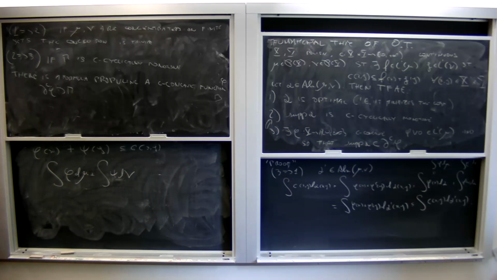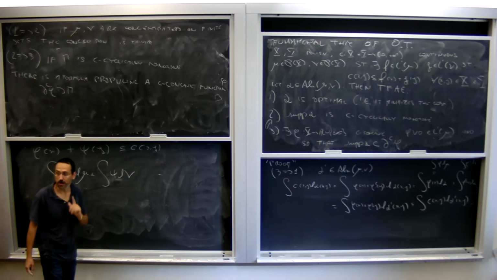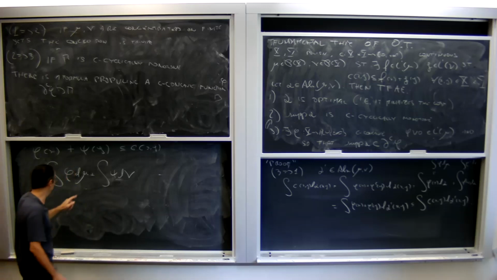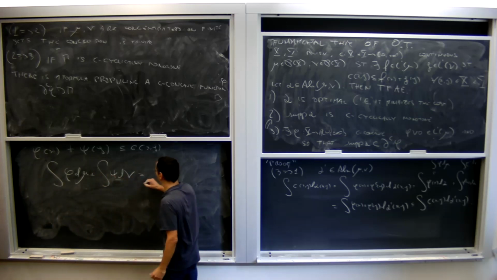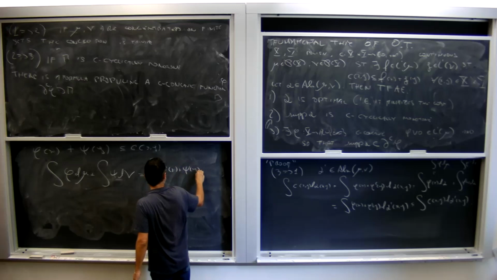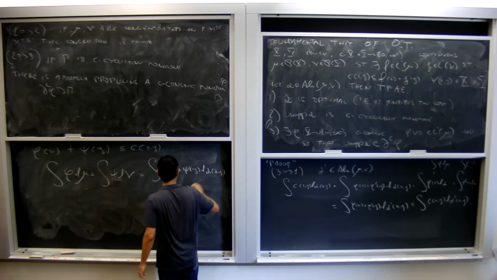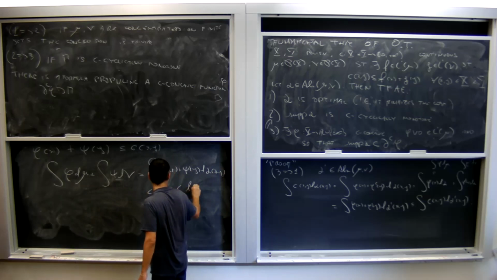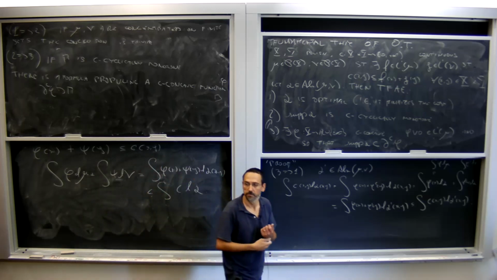And it is obvious that my total revenue is for sure less or equal than what you pay for the cost if you come with me, because if alpha is an admissible plan, then this is equal to the integral of phi of x plus psi of y d alpha of x,y. Okay, and by this condition, this is less or equal than the integral of the cost d alpha, right? Okay.